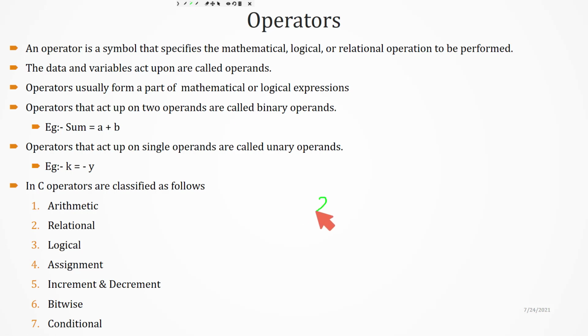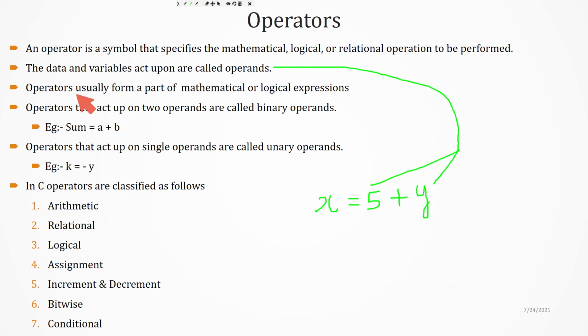So I am writing another one, x equal to 5 plus y. Here what are the operands in this example? 5 and y are the operands, and plus is the operator.